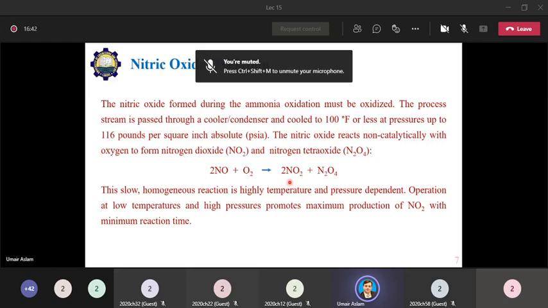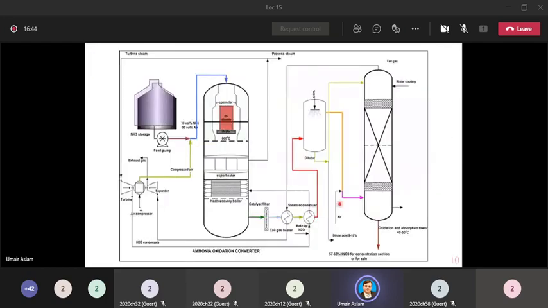So when we will combine nitric oxide with air in this absorption column, NO will be converted into NO2 and N2O4.